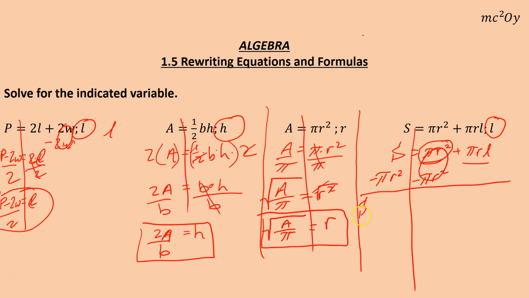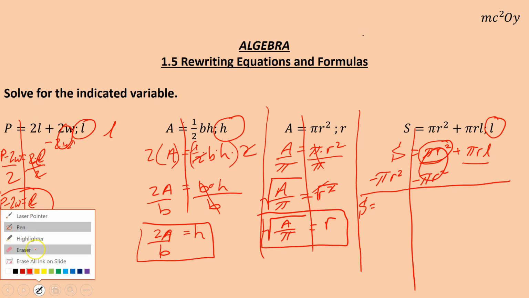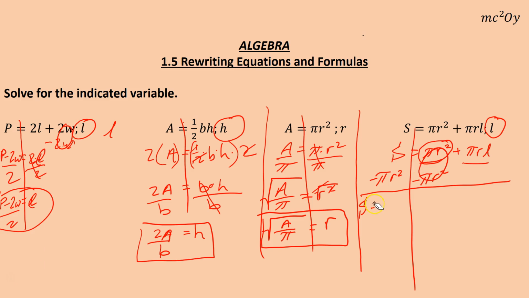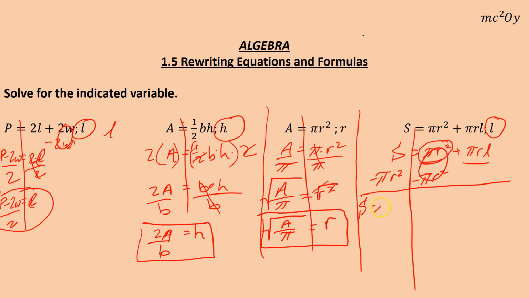We get S minus pi r squared equals now pi r l. And so since I really want to solve for L, this whole chunk's being multiplied by it.